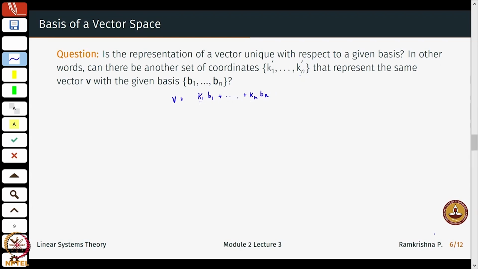Now the question here is, can I write the same vector v with some other coefficients, k1 prime b1 plus until kn prime bn, right.